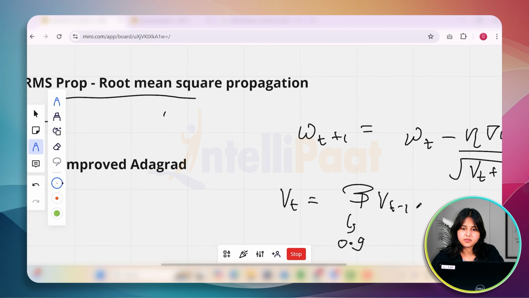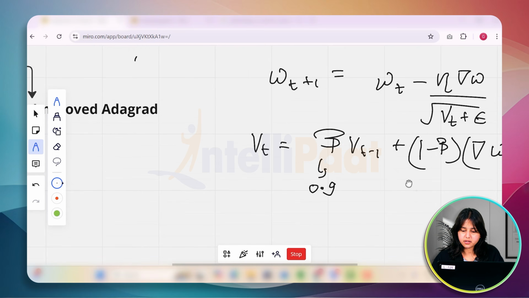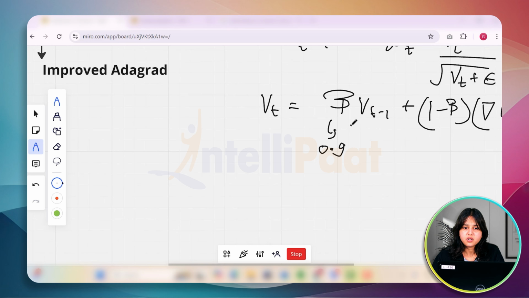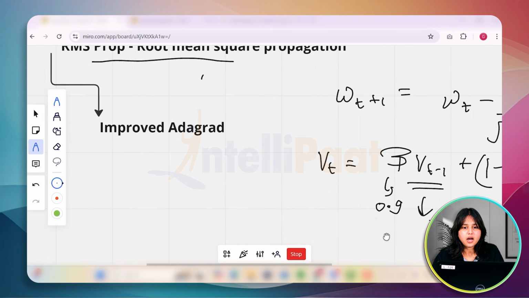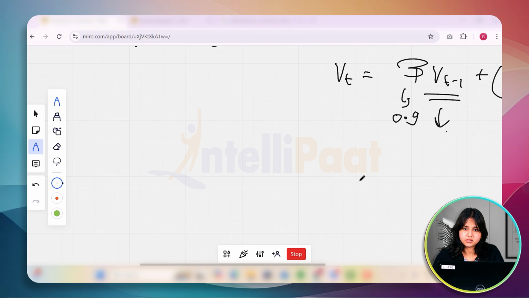We multiply it with our previous gradients, and then we multiply 1 minus beta with the square of our loss gradient, right? Since these old values will not get much importance compared to our new values, this is why it is better than AdaGrad, and it will also reach the convergence.